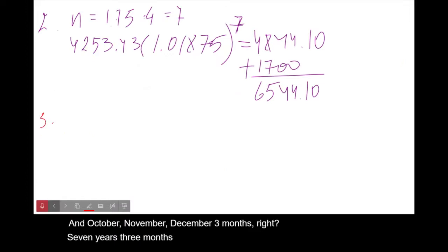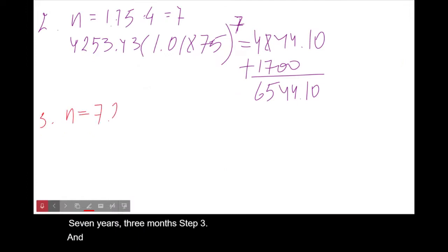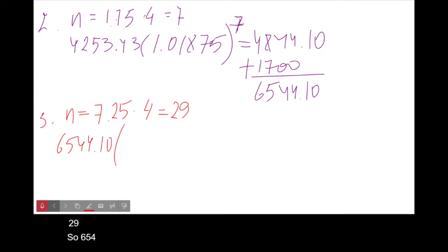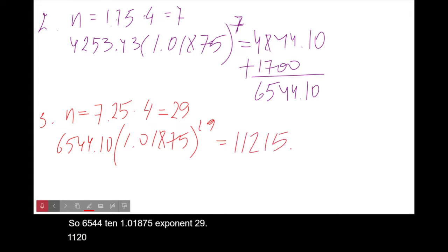So step 3, N is 7.25 times 4. It should be 29, right? It is 29. So 6,544.10 times 1.01875 exponent 29 gives 11,215.30. That is the final answer.